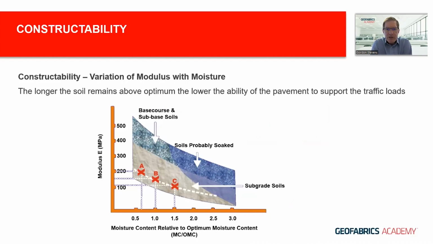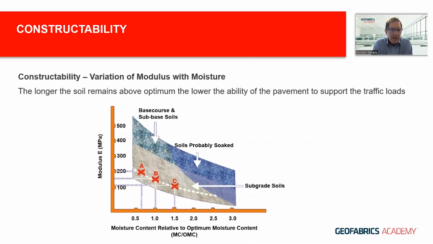To put this research into context, we can see some work carried out in South Africa on the effect of excess moisture on the carrying capacity of a pavement. The curve through the subgrade soils shows the impact on the modulus with increasing moisture above optimum.